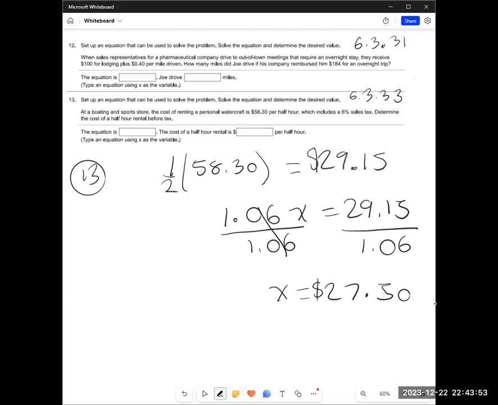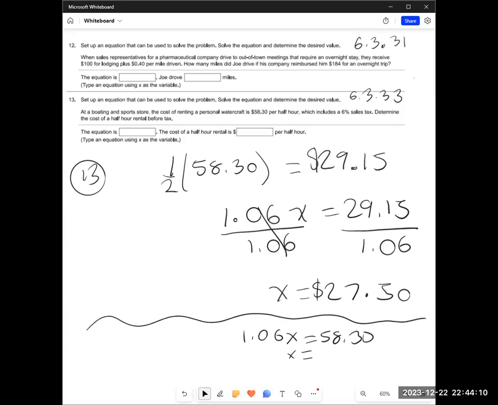I could have found the hourly rate before tax and then taken half of it. Let's see if that works as well. So if I say 58.30 is 106% of something, x is 58.30 divided by 1.06, and that would have given me $55 an hour before tax.